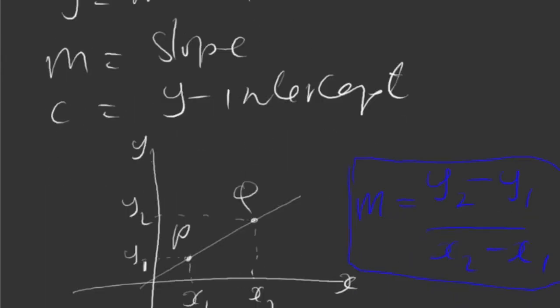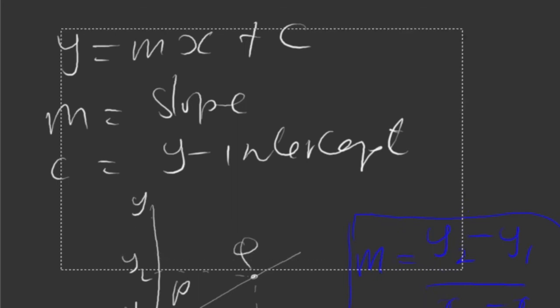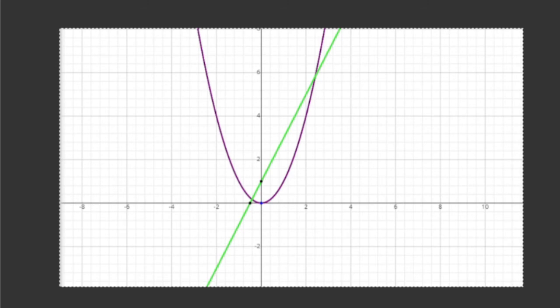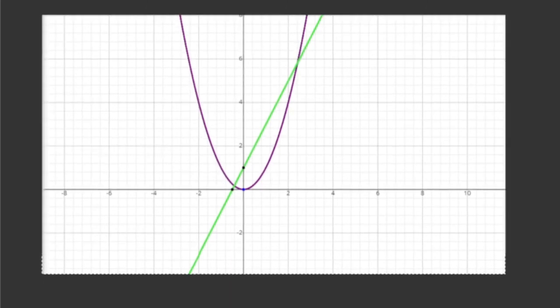So let me show you the actual graph. Yes, so this is just an example of a secant line graph.